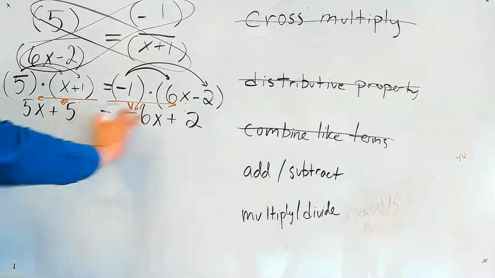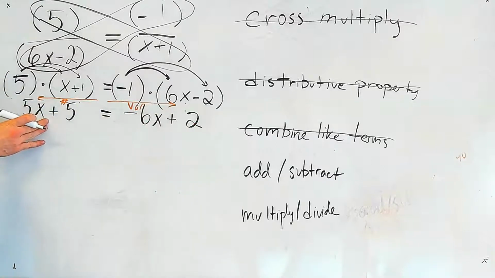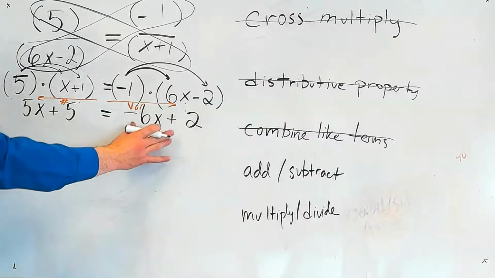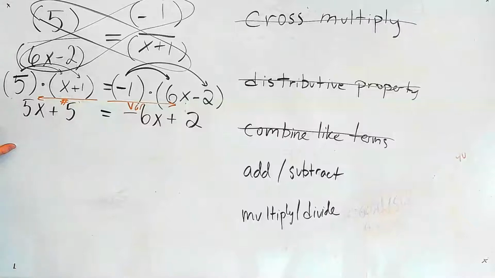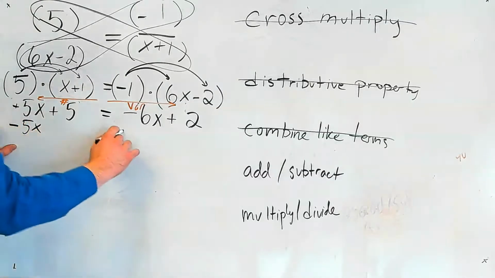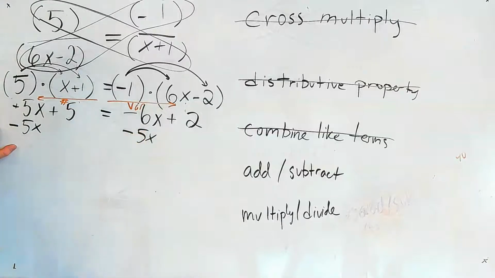If I want to move my variables to this side, let's see what variables are not on that side so far. 5x is not on this side yet. So let's move 5x to this side. How can I move 5x to this side? I have to do the opposite. If there's a plus 5x, I have to do a minus 5x. Okay. 5 is a number.